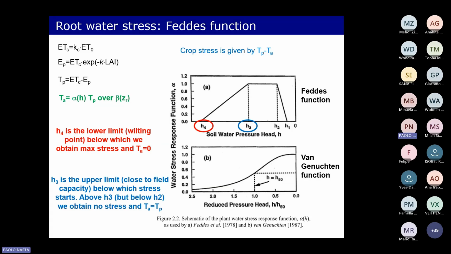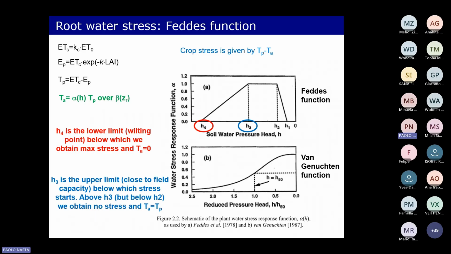The H4 is the so-called wilting point at which the plant wilts and might die, and at which the alpha is 0. And so the potential transpiration becomes 0.